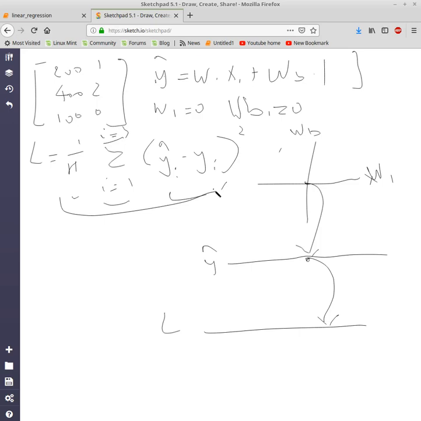So if we set W1 constant and we move WB by a little bit, this will make a change in y hat.